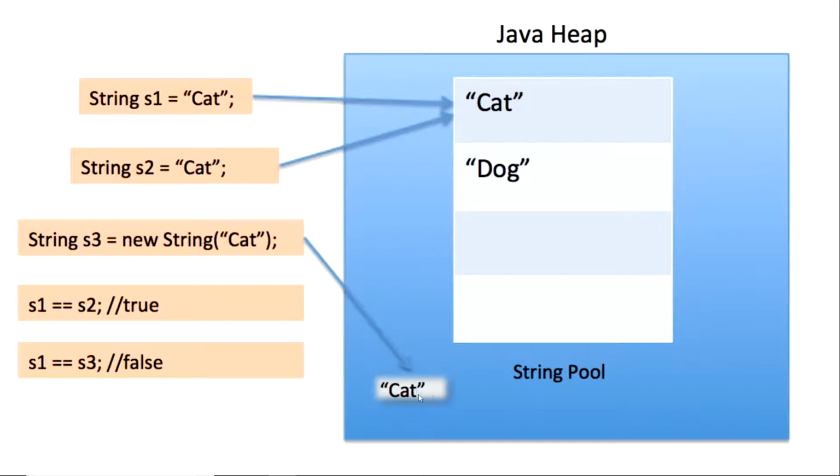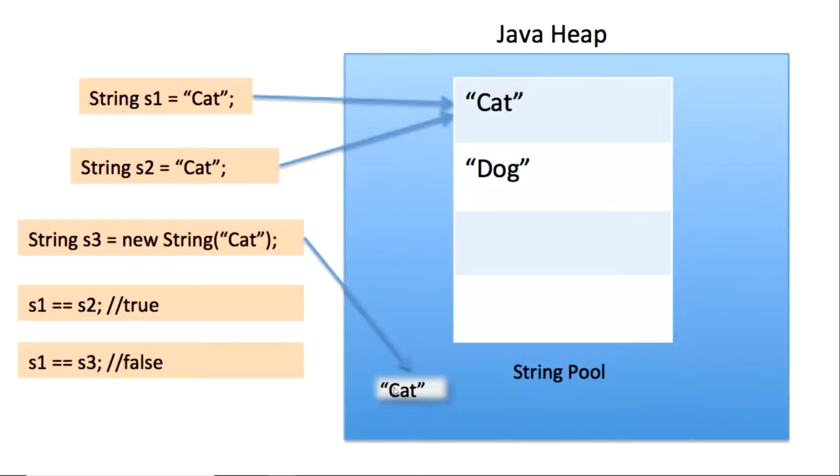Whatever is stored in the heap area, it is going to create a copy in the string pool area again. But if you have the same value in the string pool area before, the value which you create in the heap area will not create another copy in the string pool area, because the string pool area will not create more than one variable of the same type.